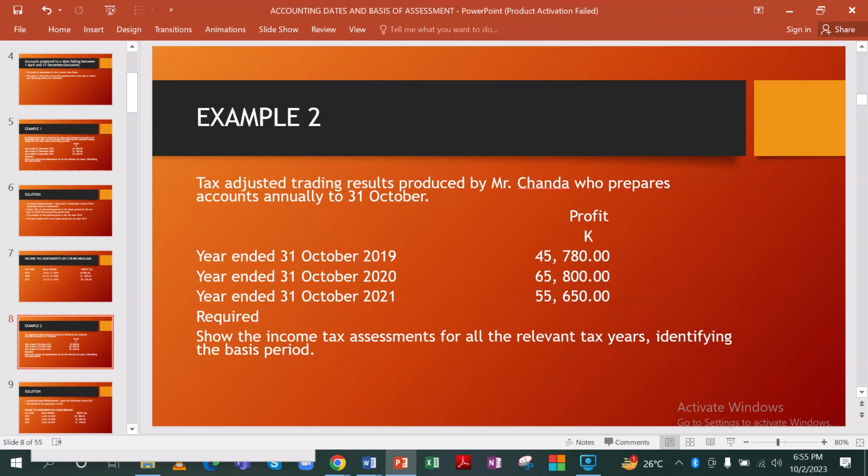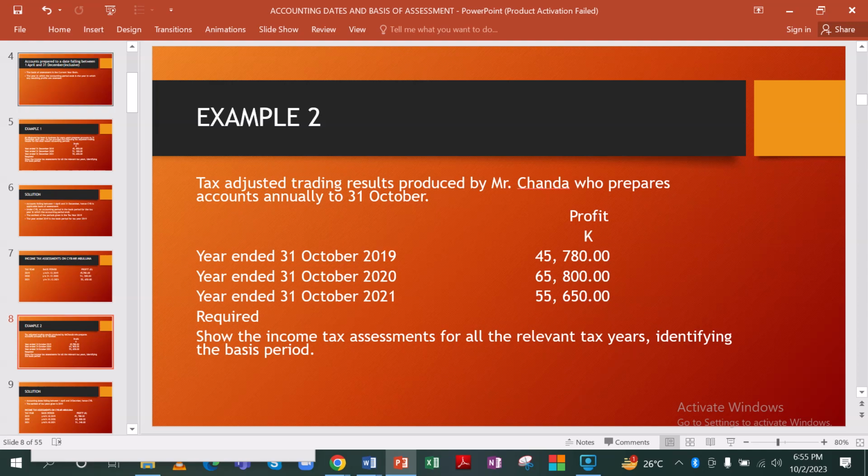We are required to show the income tax assessment for all relevant tax years, identifying the basis period. So the first thing is to find out the year end for these accounts. All of them have a year end of 31st October. So what does the rule say?